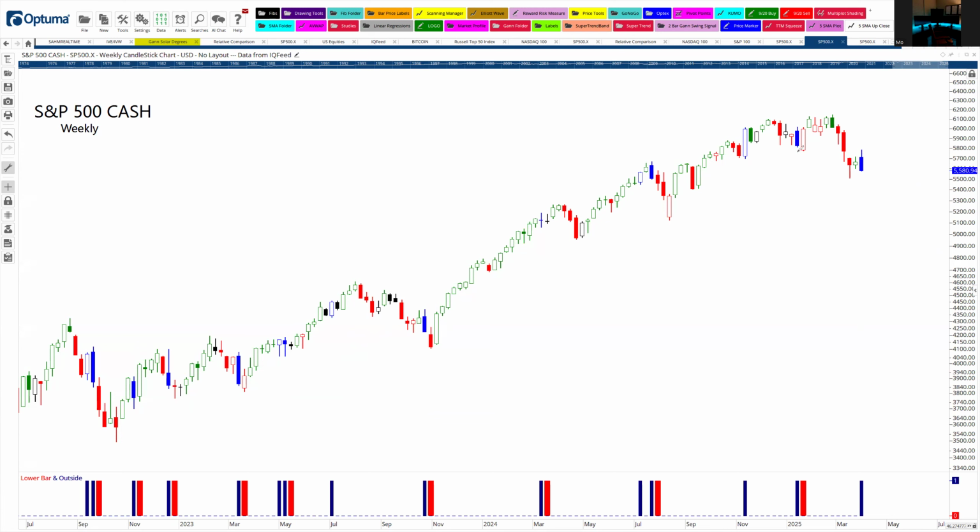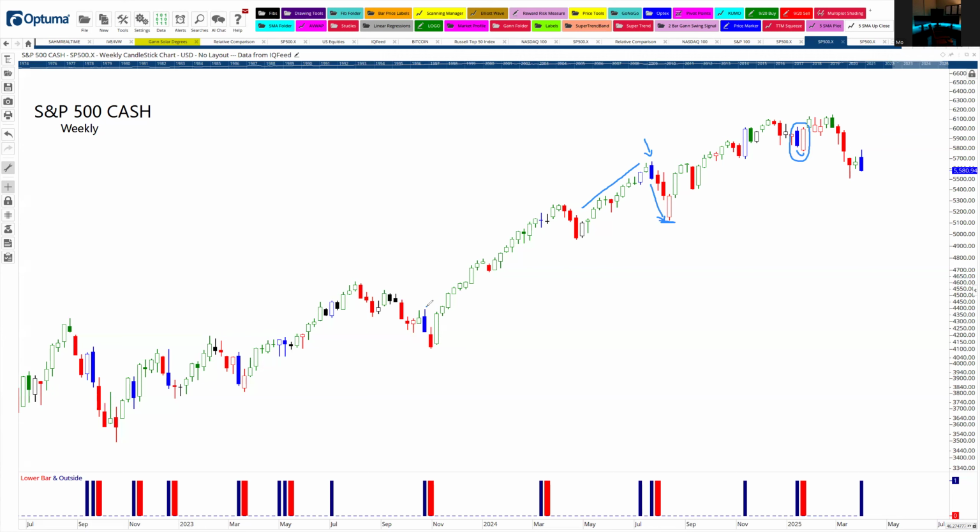Look what happened here. We made a low, then a sharp reversal back to the upside. So that's one. This one forms here at the very top after this huge run, and we have three weeks of decline down here. That's what forms on the top.